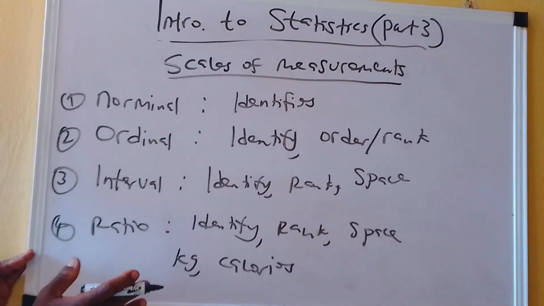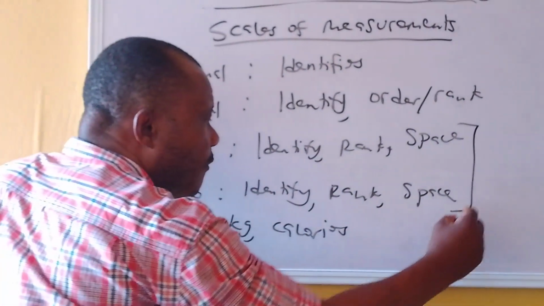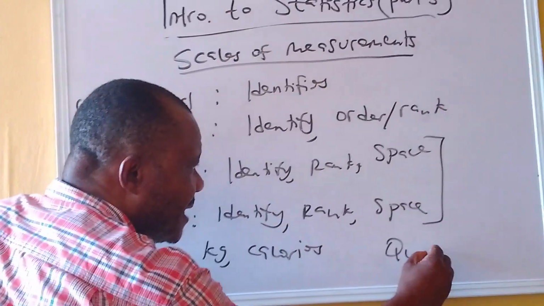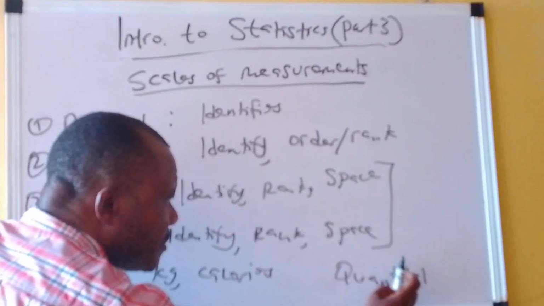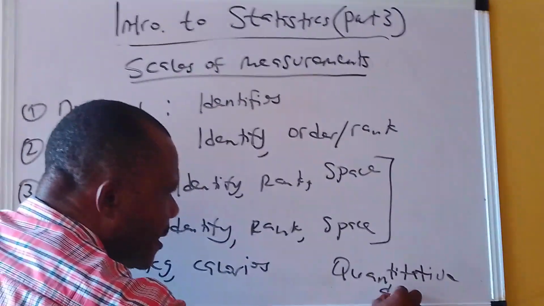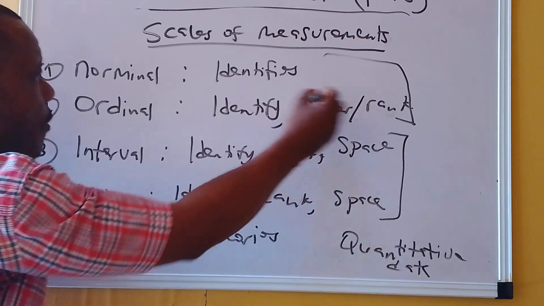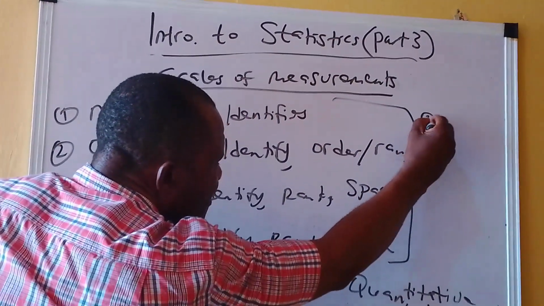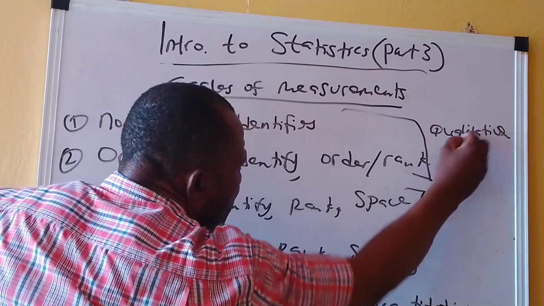That is what the ratio does. So these two are for quantitative data, while these other two are for qualitative data.